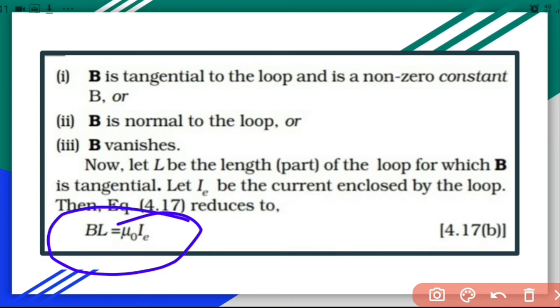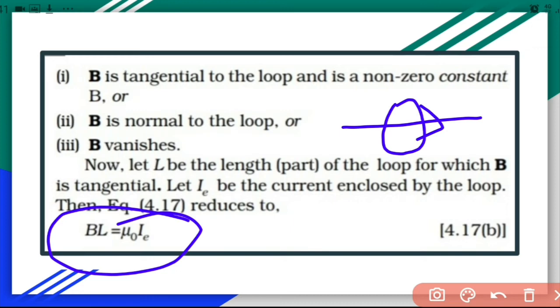For example, if you have a current carrying wire like this, suppose current is going like this, and we consider an Amperian loop like this, perpendicular to the wire. What is the current enclosed by the loop?